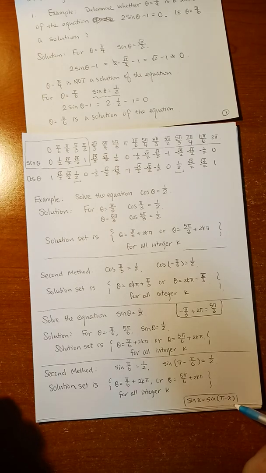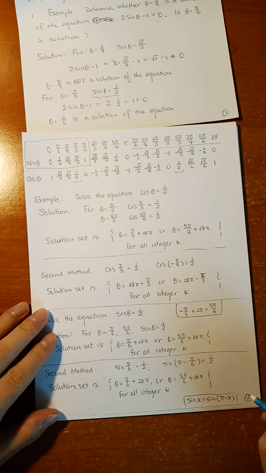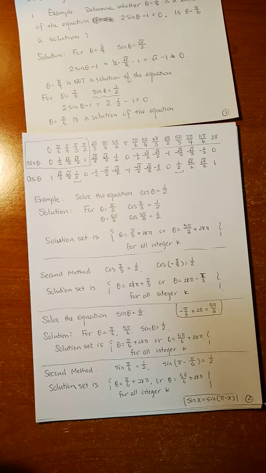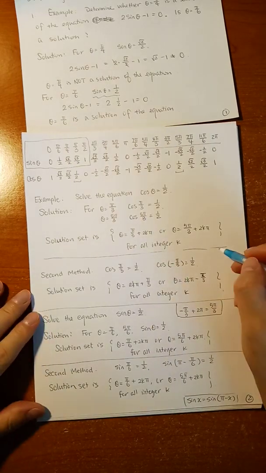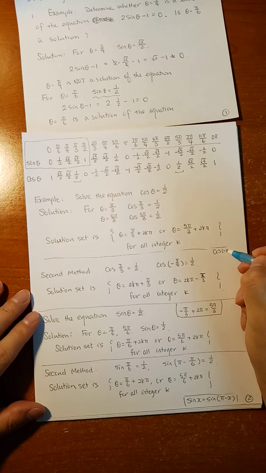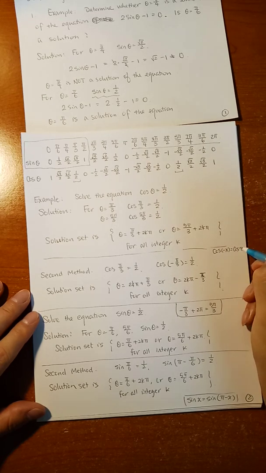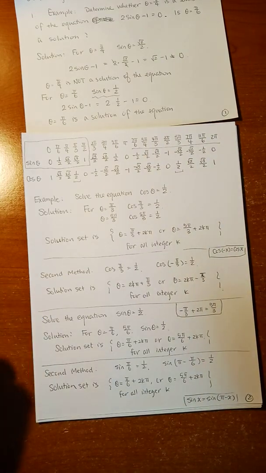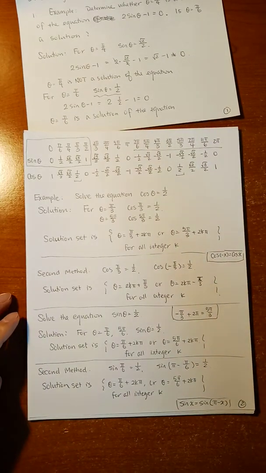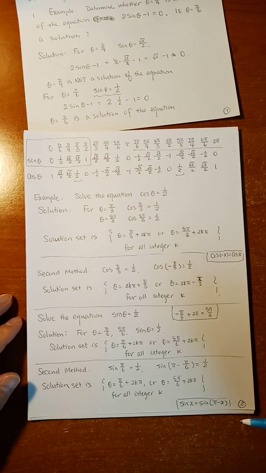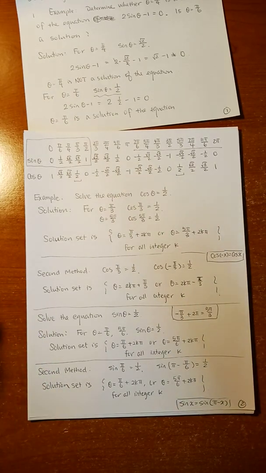Okay, so this is a very important property. Cosine, you possibly use the even property. Cosine of negative x is cosine of x. For the sine, you use this identity. Okay, and they are both very, very useful identities. They are not just limited to this usage. I just want to recall the important identities.